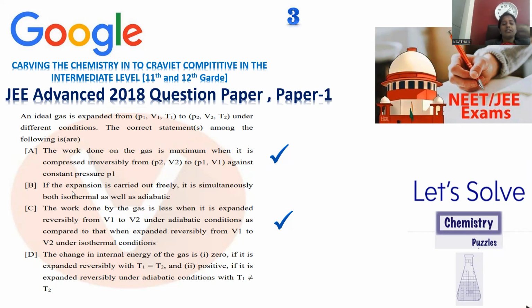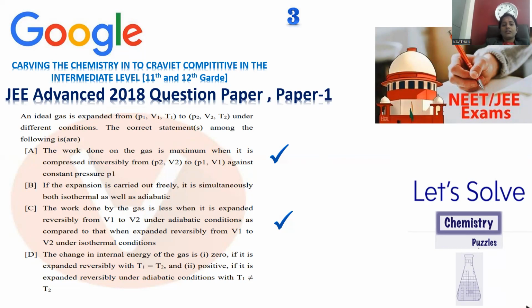When it is compressed, you are applying pressure. Compression means applying pressure externally, from P2, V2 to P1, V1 against a constant pressure P1. So that work done will be maximum. Being irreversible, all the gas present gets compressed to the maximum extent, so the work done will remain at maximum. That is the correct answer.